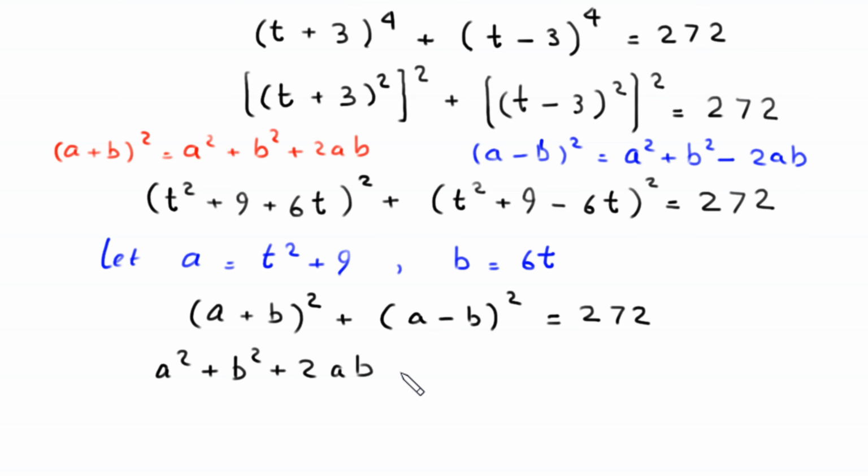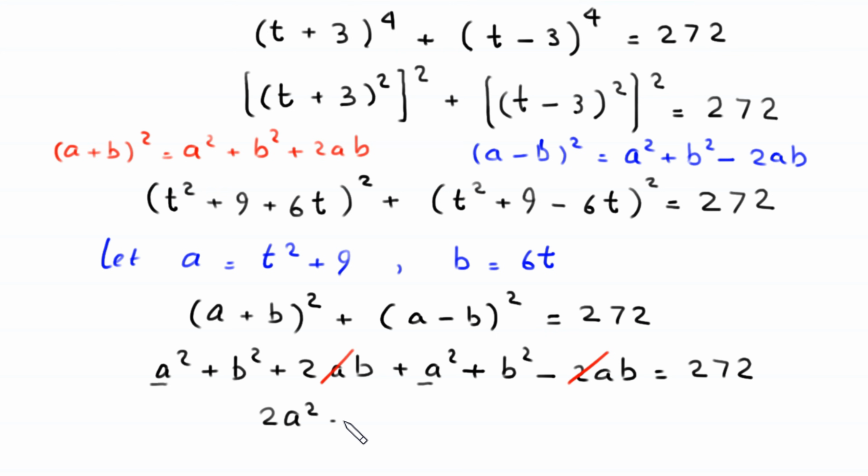Expand this, this will become plus a^2 + b^2 - 2ab is equal to 272. This negative 2ab will be cancelled with this positive 2ab, and a^2 + a^2 will become 2a^2, plus b^2 + b^2 will become 2b^2, is equal to 272.